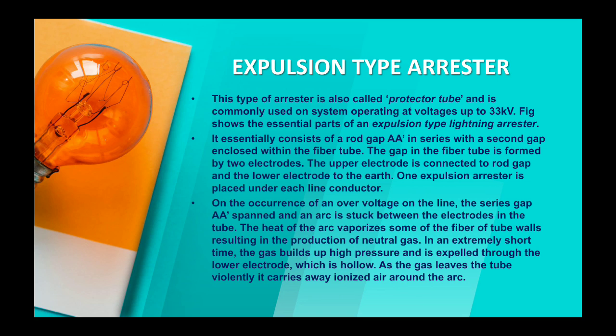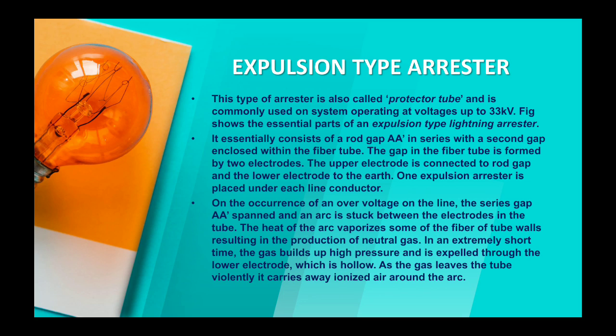In an extremely short time, the gas builds up high pressure and is expelled through the lower electrode, which is hollow. As the gas leaves the tube violently, it carries away the ionized air around the arc. So this is just like a blast effect.